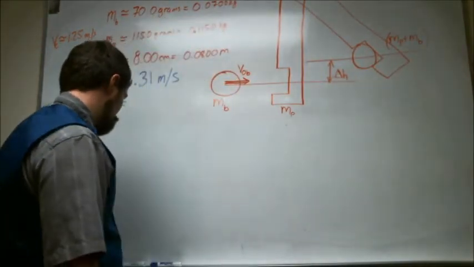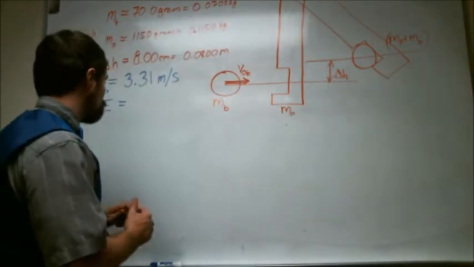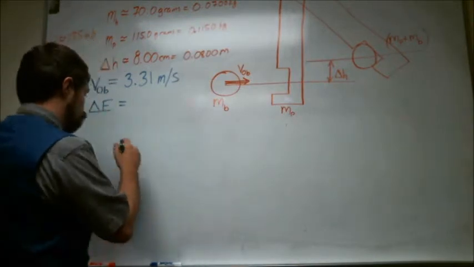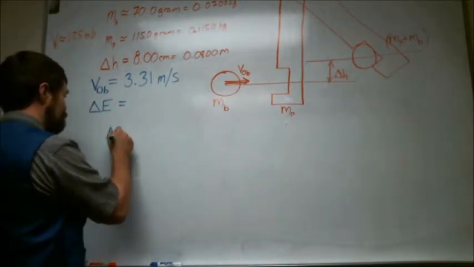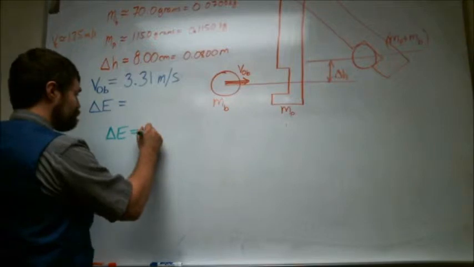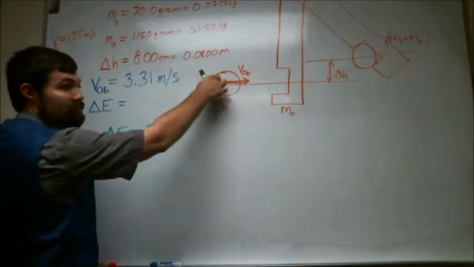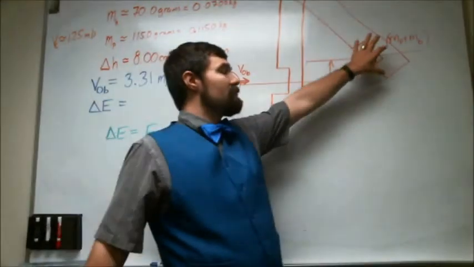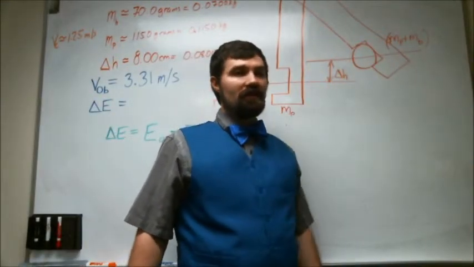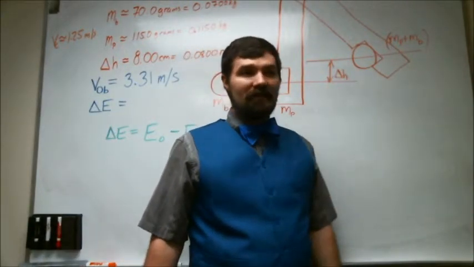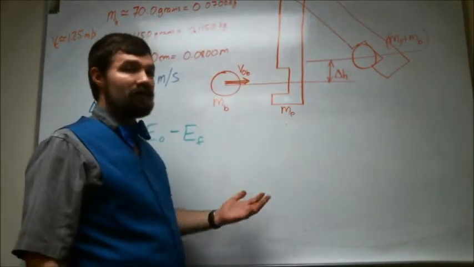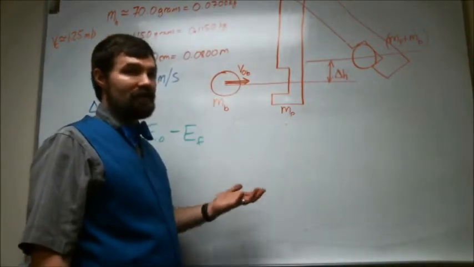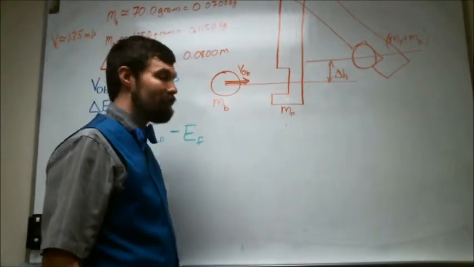So I'm going to use the initial energy, which is the energy just of the ball, and I'm going to use the final energy, which is the energy of the ball plus the bob together when they've reached their final stopping position at some height above where they started from.